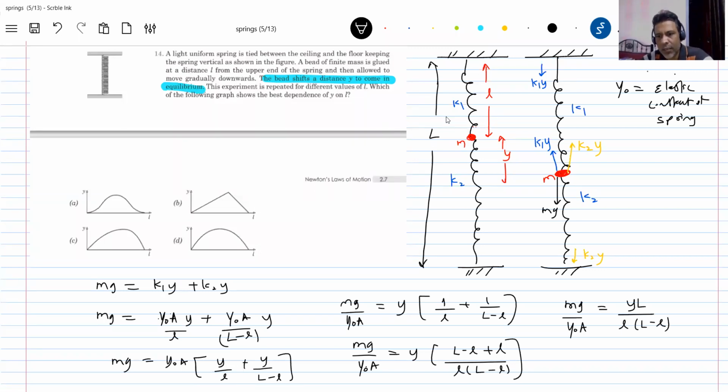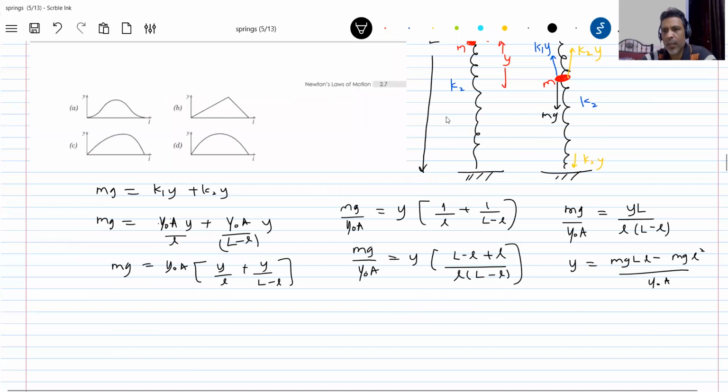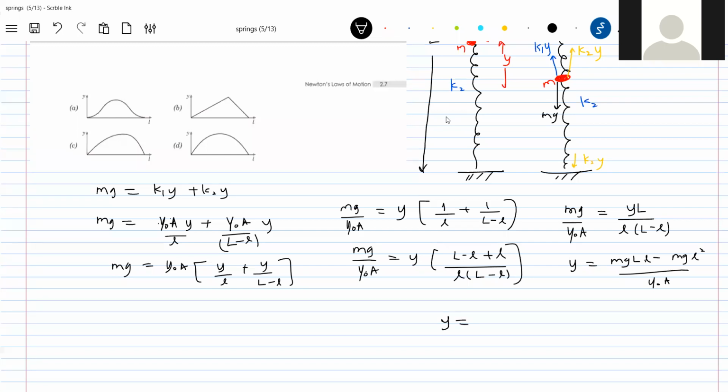So let's go further. Mg minus mg l square whole divided by Y naught A. So what is the basic equation now? Sir, why not A also? Mg, okay, this L will come here. Check it.